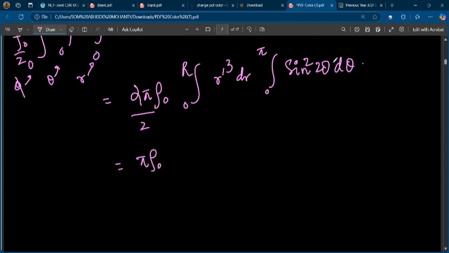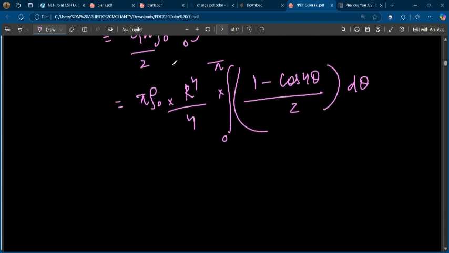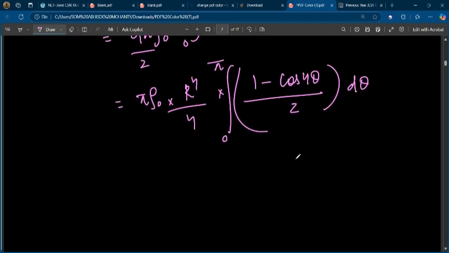If you see, a cos term will come, so we will get the dependence term. So this becomes r fourth by 4, right? Into 1 minus cos 4 theta divided by 2, and the integration is still there, 0 to pi. Some people write it and put the limit, and feel it is an integration. No. So let's do it now. There is a term coming for theta, so there will be dependence.